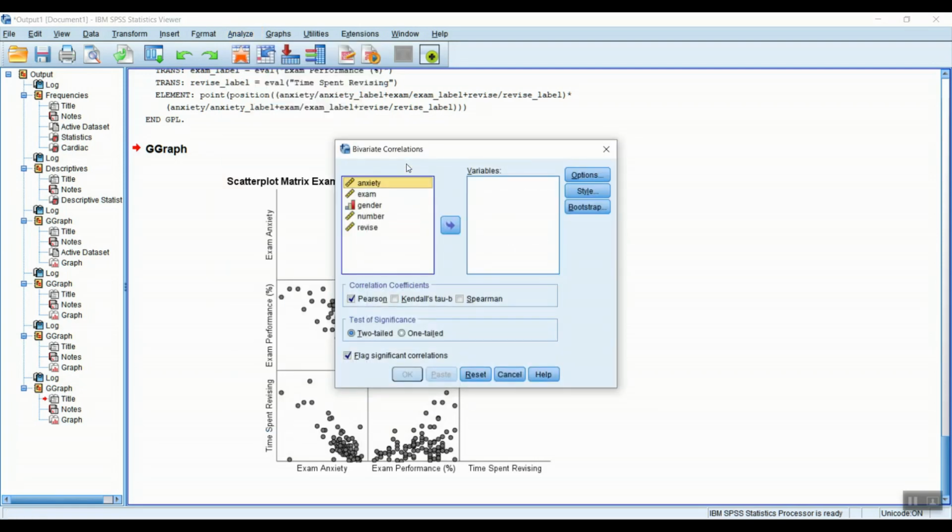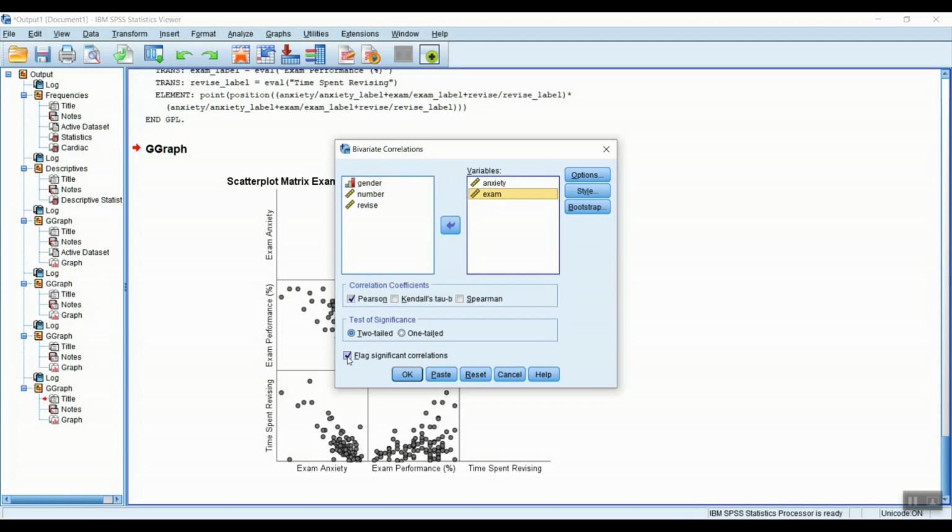And we're going to choose anxiety and exam. We'll put them in there like that. We're going to do Pearson's correlation coefficient because the data are on interval or ratio scales. We're going to do two-sided tests of significance.